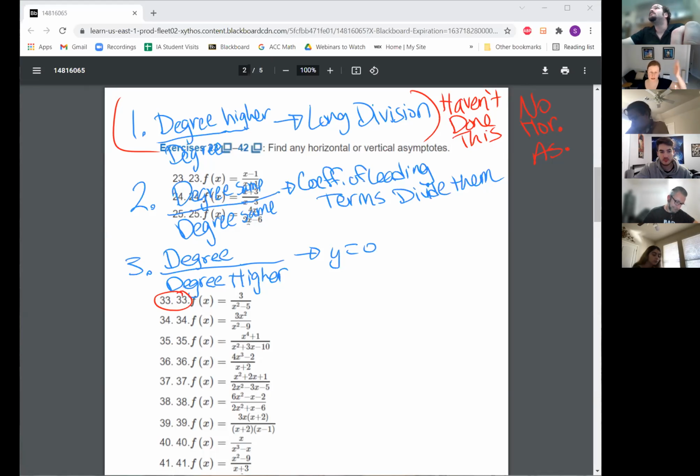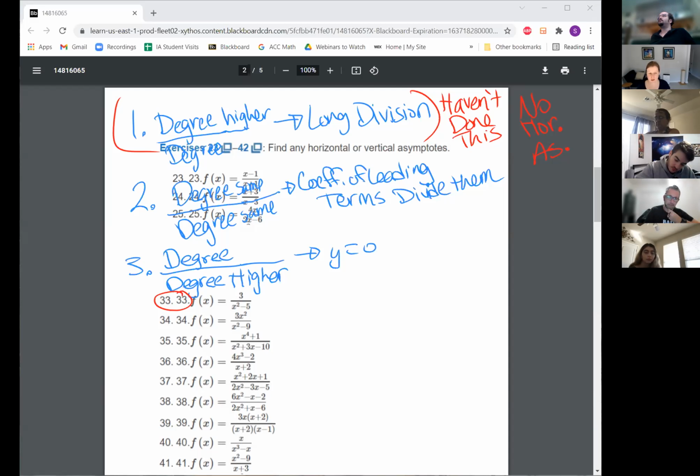Okay, horizontal is those 3 rules that I just wrote down. So which case or which situation do we have here? I don't really know, but I would think that with there being a power, the bottom would be bigger.